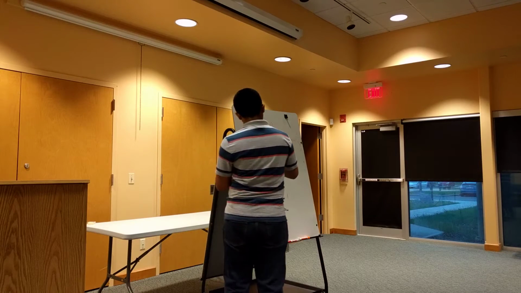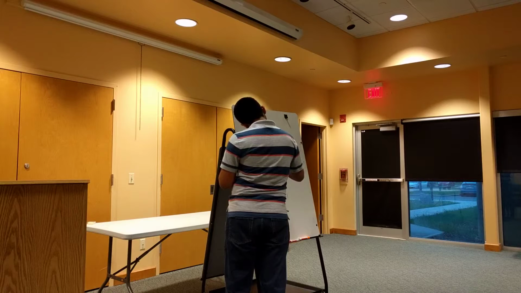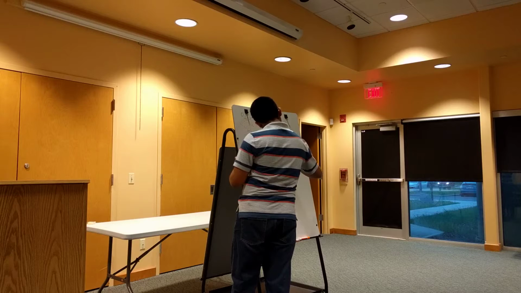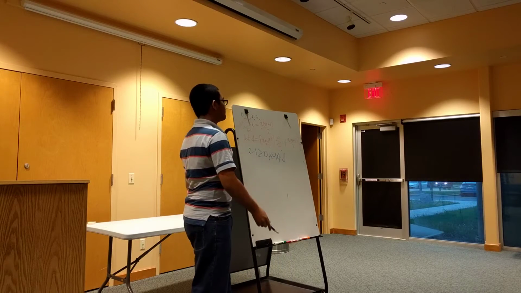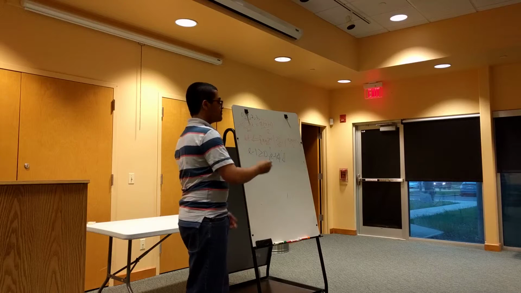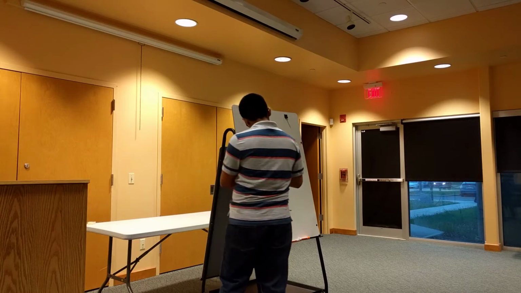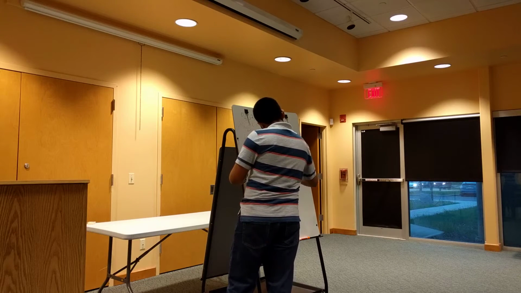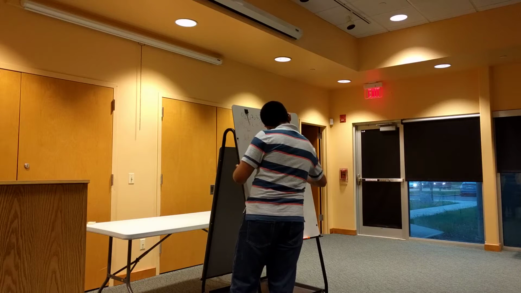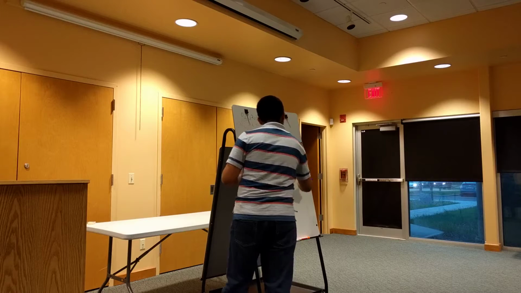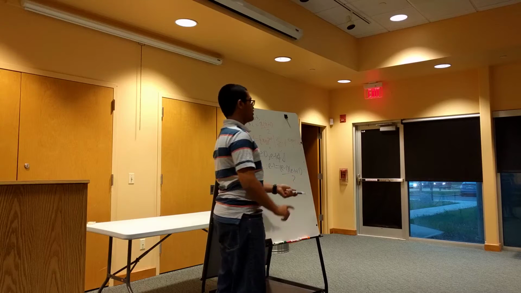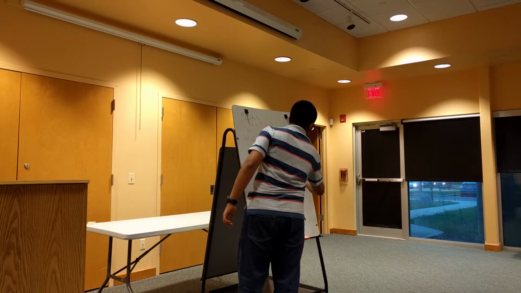What does this mean? This means that E minus 1 follows this property. And that means that, if we write this out in the expanded form, the sum of numbers from 1 to E minus 1 is equal to E minus 1 times E minus 1 plus 1, which is just E, divided by 2.